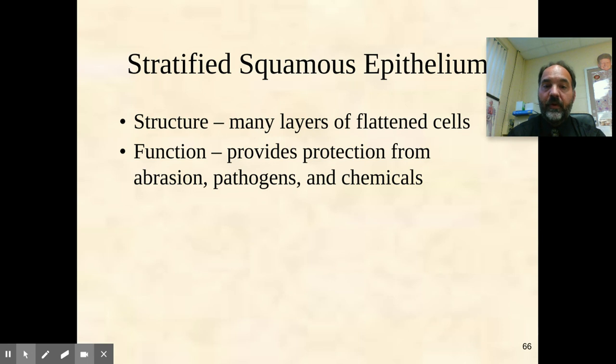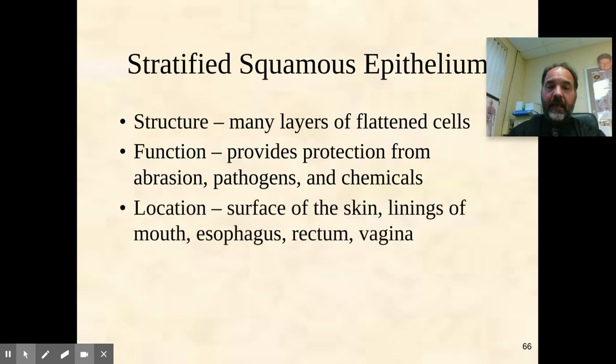And the important feature of stratified squamous is protection. It provides our body's protection from abrasion, pathogens, chemicals, sunlight, dehydration. And stratified squamous is located anywhere that can come in contact with the outside surface.